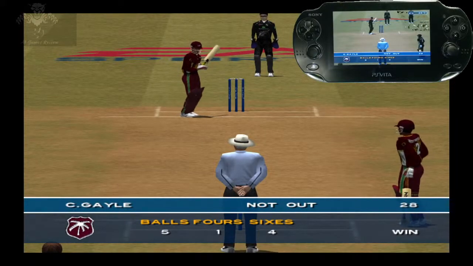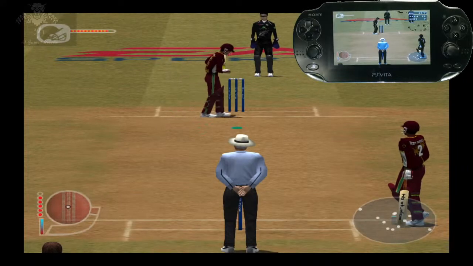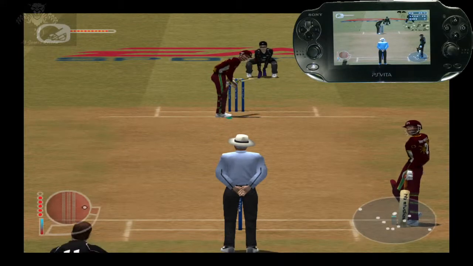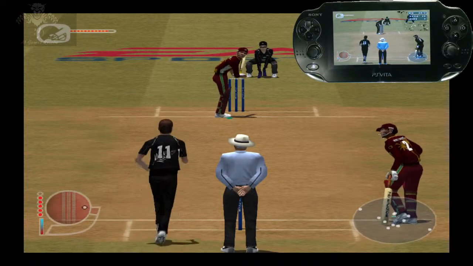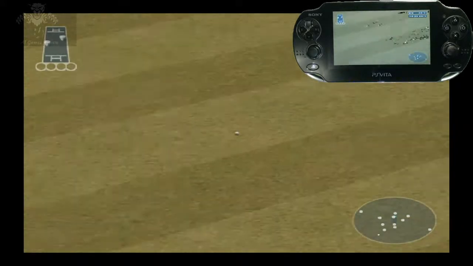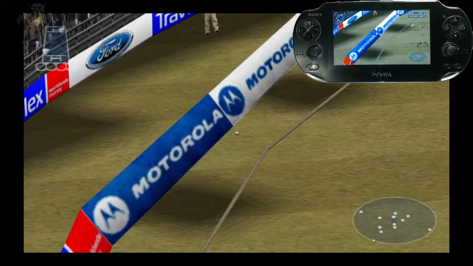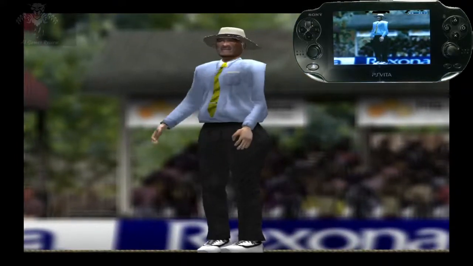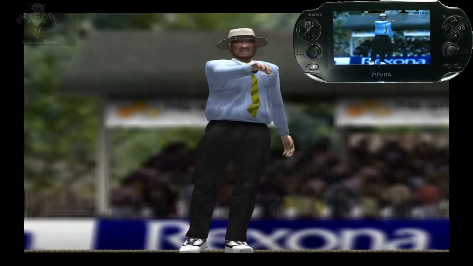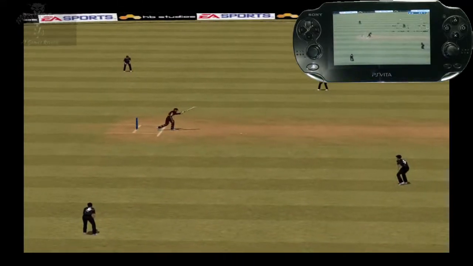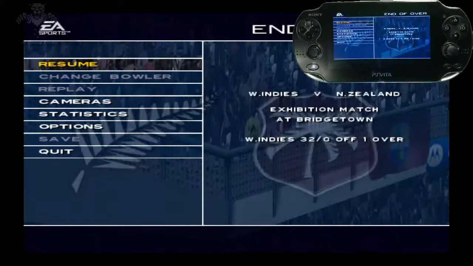Bond to bowl to Gale. Played into the gap. Beautiful shot. Hit down the ground beautifully by Gale. The bowler can't have too many complaints about seeing that ball disappear to the boundary. And the end of the over. That was an expensive over for New Zealand.